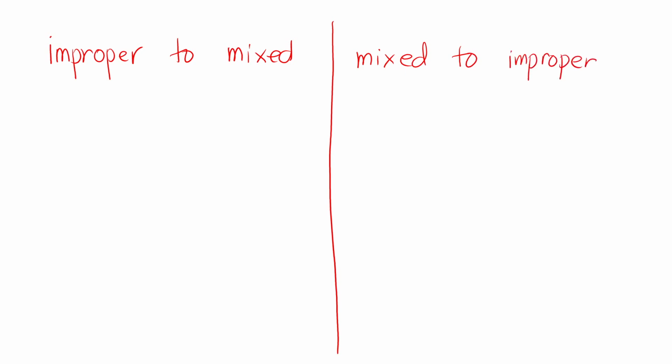Let's have this example. I'm gonna give you an example sa improper. Improper is this. We have 13 over 5. So how do I convert this to mixed?